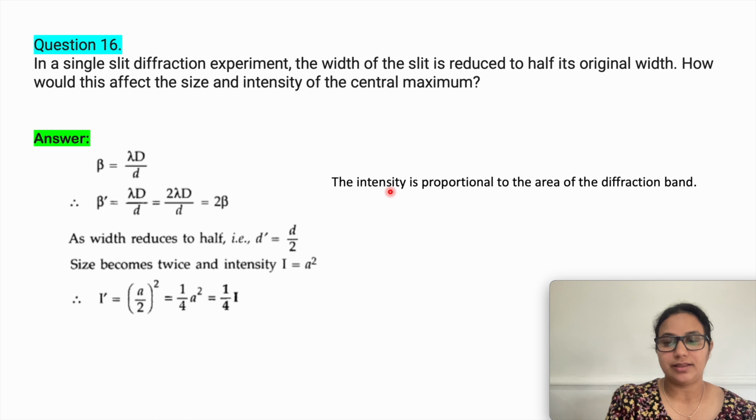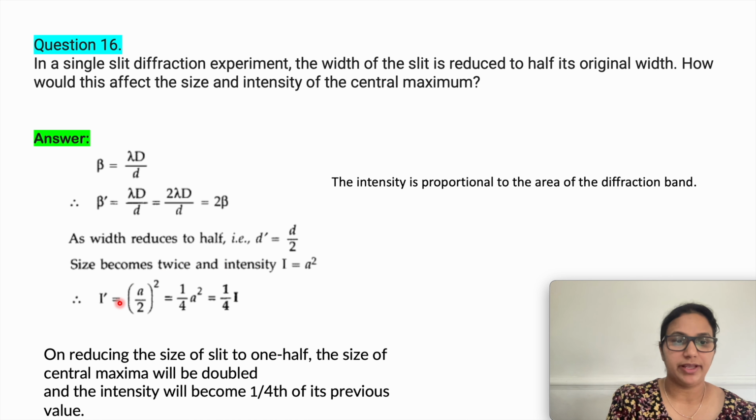We also know that the intensity is proportional to the area of the diffraction band, and the intensity I is proportional to a squared. What we get, I dash is equal to (a by 2) whole squared, which is equal to 1 by 4 a squared or 1 by 4 I. So the intensity becomes 1 by 4th of its previous value. Therefore, the size of the central maximum will be doubled and intensity will become 1 by 4th of its previous value.